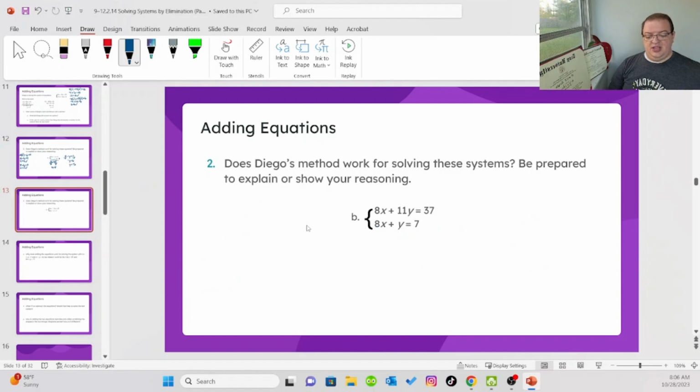Now, does Diego's method work for this system of equations? Again, Diego's method is to add the equations together. 8x plus 8x is 16x. 11y plus y is 12y. And 37 plus 7 is 44.